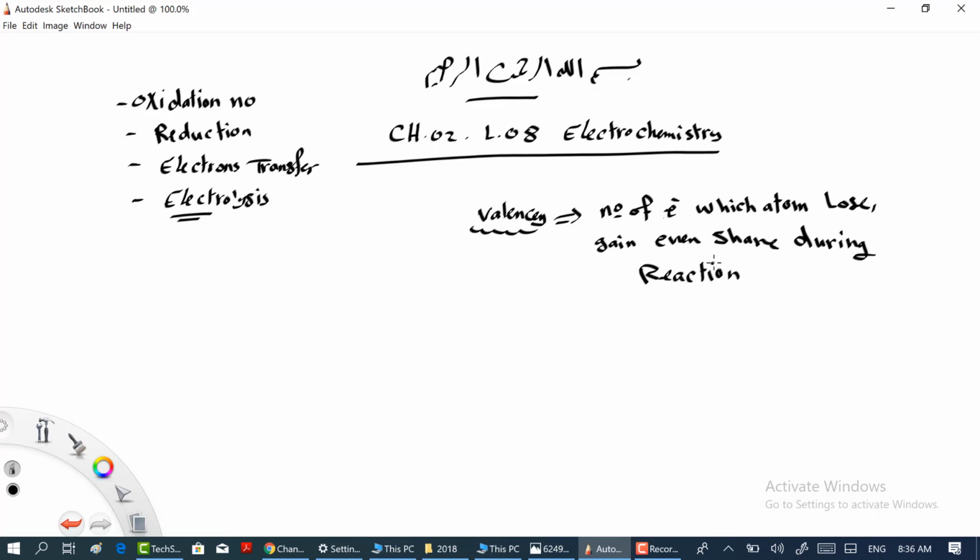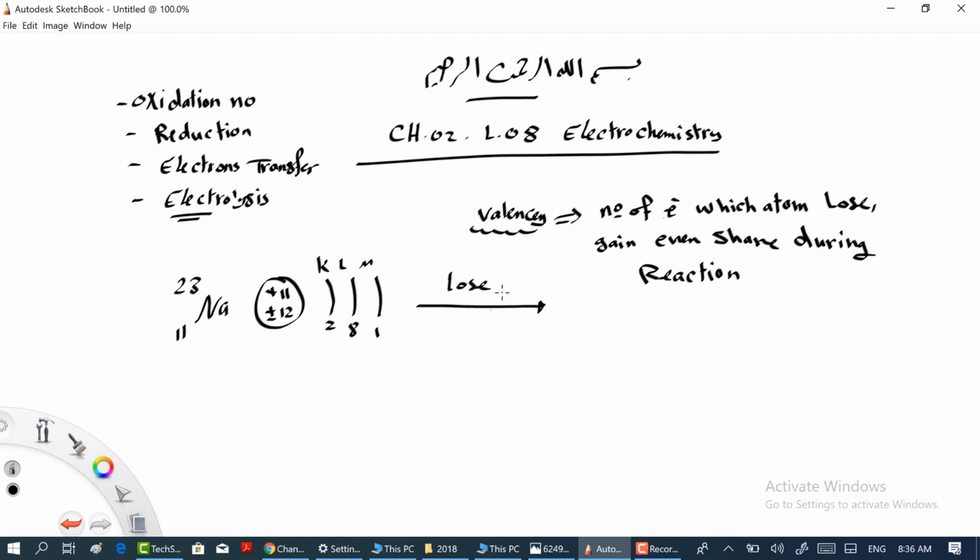Let's talk about two simple examples, like sodium: 11 electrons, positive 11, negative 12, 2, 8, 1 in K, L, M. During the chemical reaction, it will lose an electron and change into Na positive.